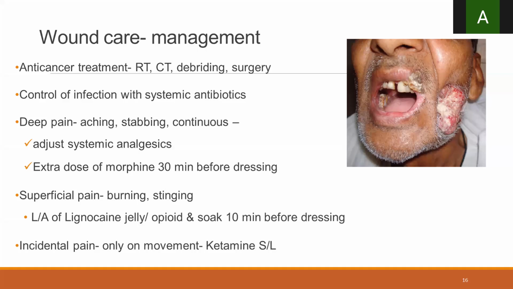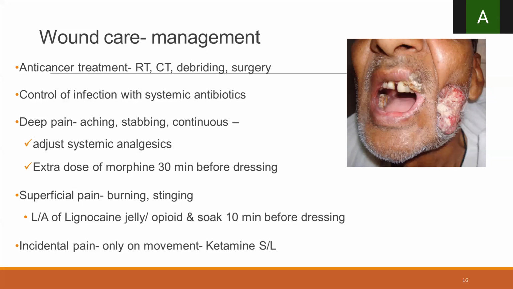Many times, if the patient is on morphine, then an extra dose of morphine 30 minutes before dressing is given. Last time also we had discussed this. So that will be helpful in reducing the pain during the dressing changes.